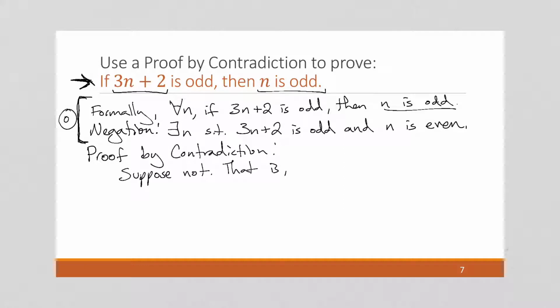And I say suppose not. So I say that is, suppose there exists an n such that 3n plus 2 is odd and n is even. All right, so that's step one.